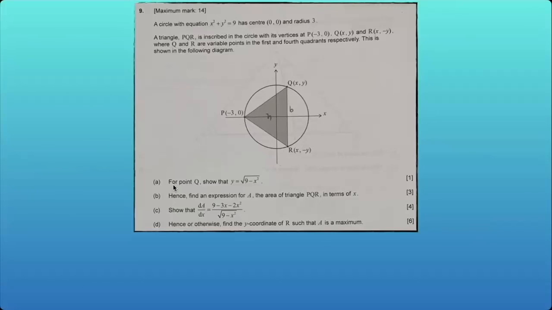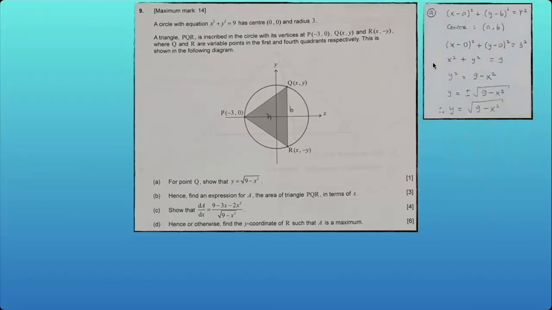Question A. For point Q, show that y is equal to square root of 9 minus x squared. We can use this formula, but our center is at point (0, 0), that's given there, and the radius is also given, which is 3. Therefore, we get this expression here. Simplify this expression to get x squared plus y squared is equal to 9.